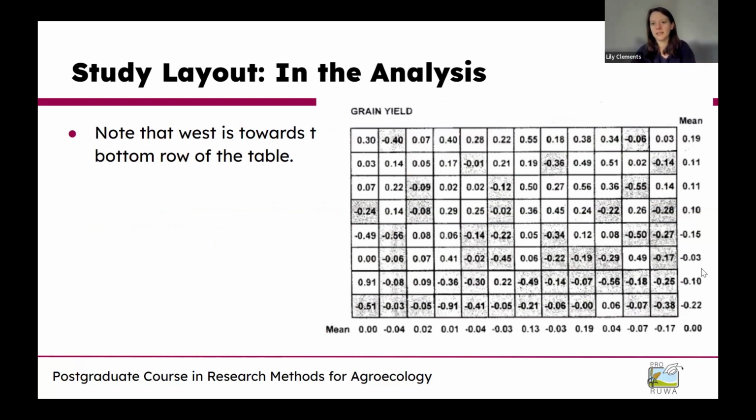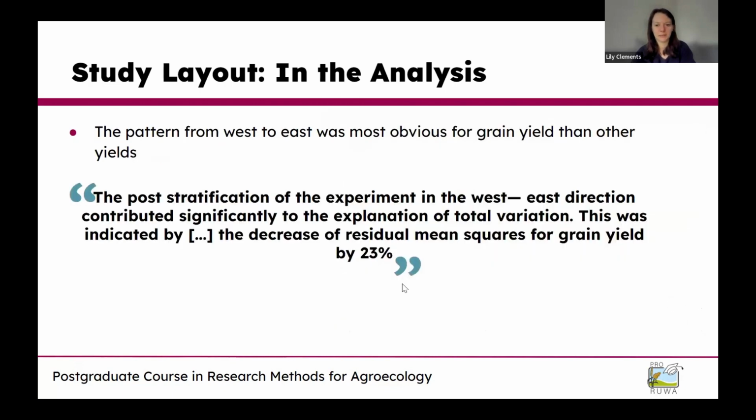We're looking at how this grain yield decreases from east to west. And they say it's by 23%, but they're saying that this is what contributed to explaining those differences in the outcome.